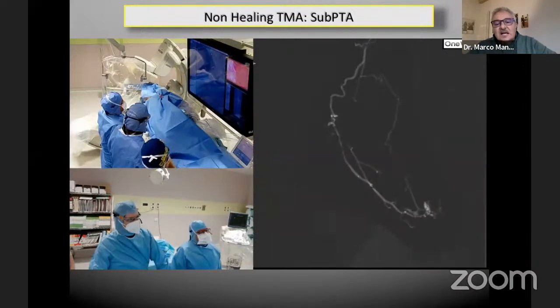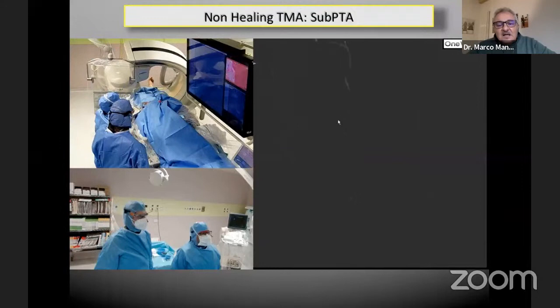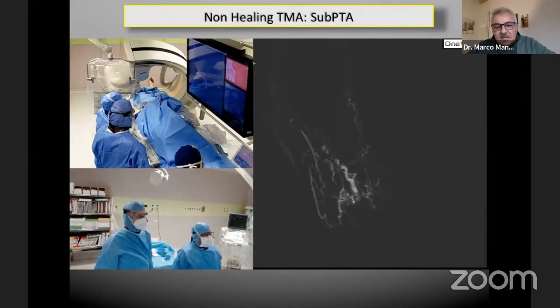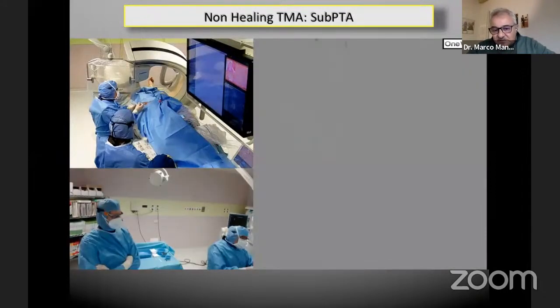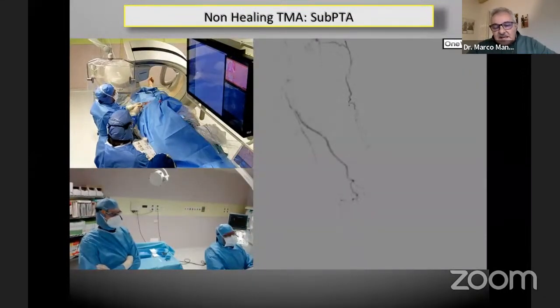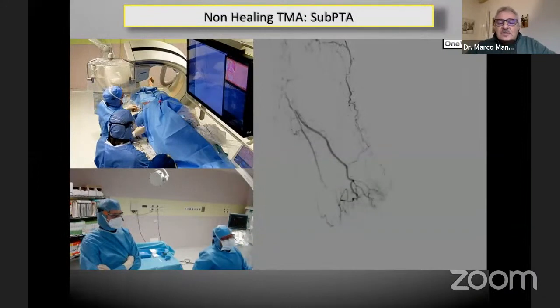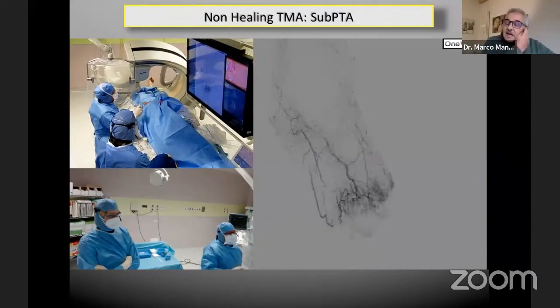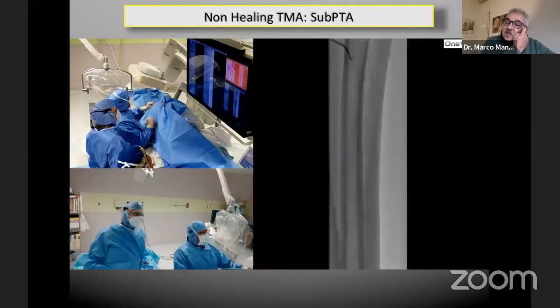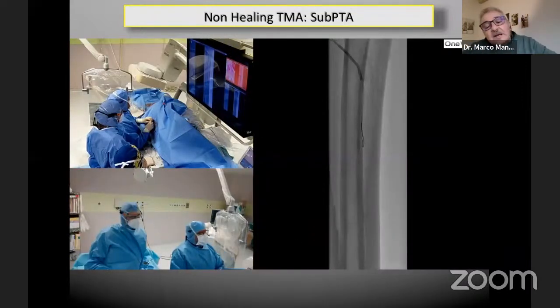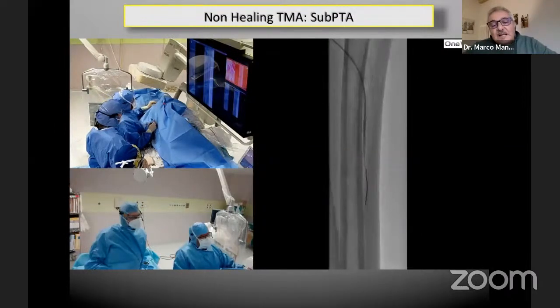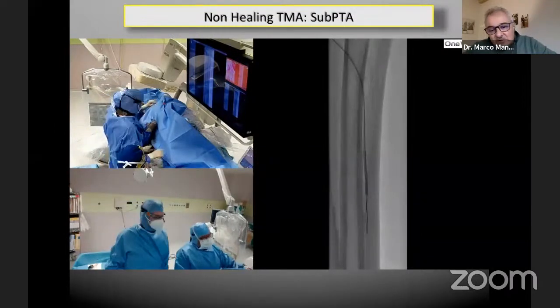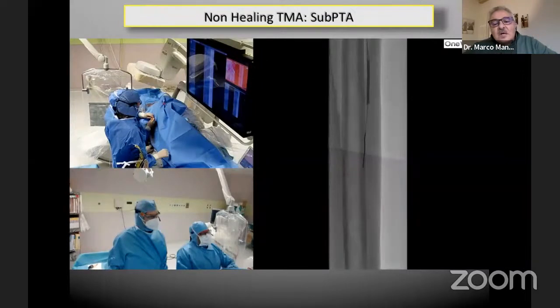You can see that the flow seems to be quite acceptable, but there is a fistula, probably an arteriovenous fistula due to the intervention. The flow in the forefoot of this amputated foot seems to be good, but in reality there are no direct vessels arriving into the foot.